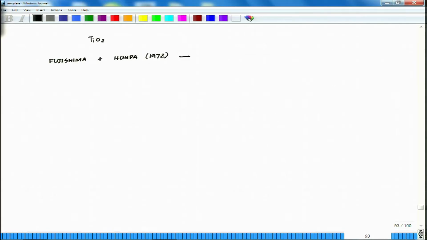They were the first ones to demonstrate that titanium oxide, TiO2, which is a semiconductor, could split water into hydrogen and oxygen in a photoelectrochemical cell.